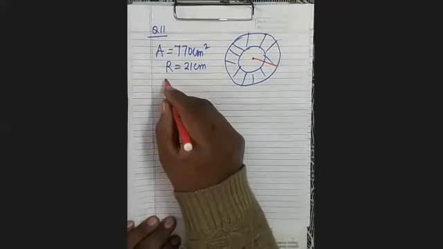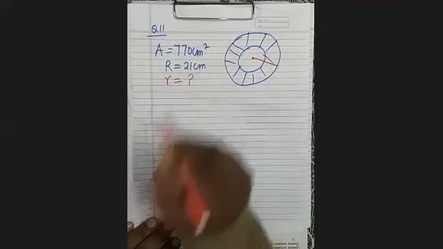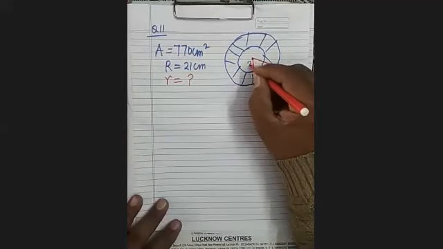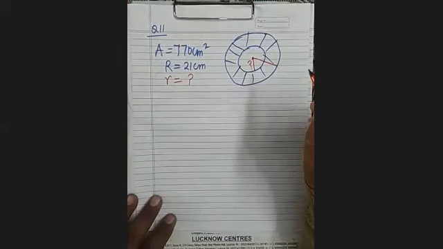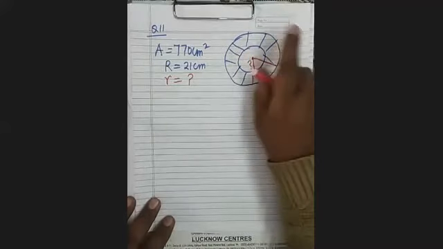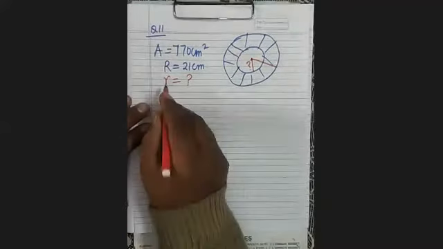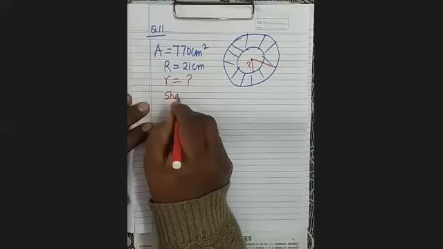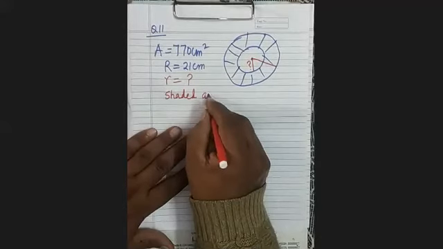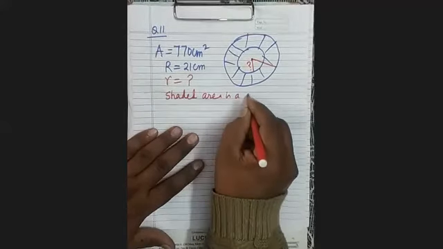Calculate the radius of the inner circle, meaning you have to determine small r, this length. It's clear? Now, what is the formula of this shaded area? So the shaded area is a circular ring.